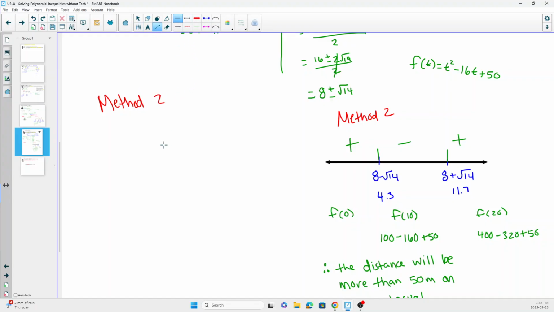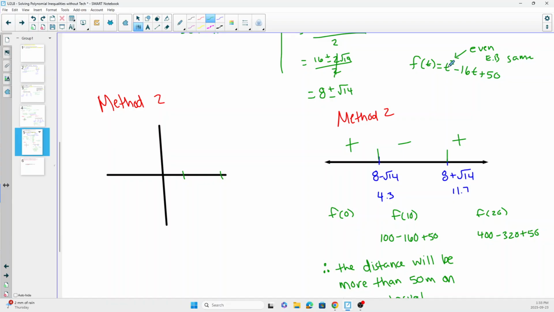And then really quickly, method 2, which is much quicker. We have our graph. We have our two intercepts. One of them is at 8 minus square root of 14, which we know is around 4.3, and one of them is at 8 plus the square root of 14, which is around 11.7. We know that this function is degree 2, even, so the end behavior is going to be the same, and it has a positive leading coefficient, so it approaches positive infinity.